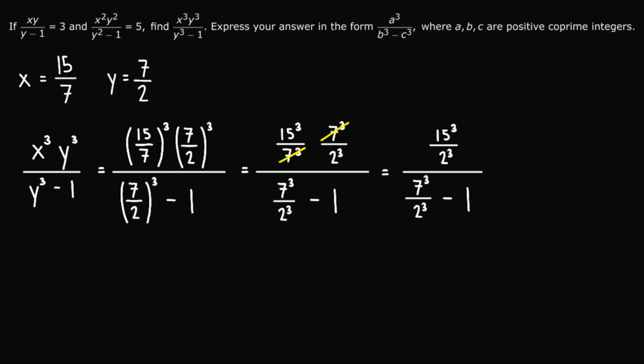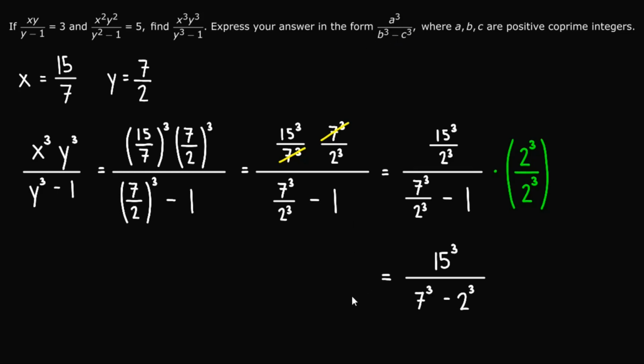Take note that we can multiply by 2 cubed to remove this denominator, so we're multiplying that in the numerator, this cancels out, and we distribute it to both terms in the denominator. So we'll get 15 cubed over 7 cubed minus 2 cubed. Now observe that this form is close to the one we are looking for.